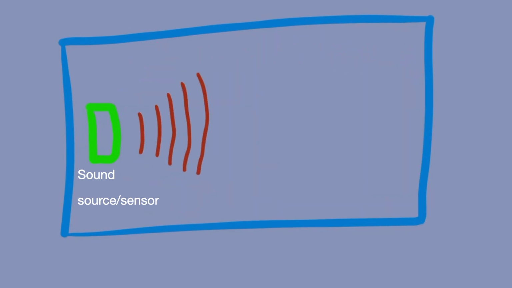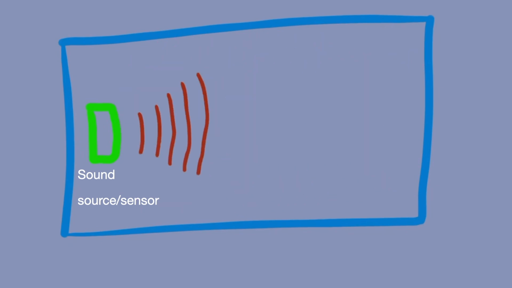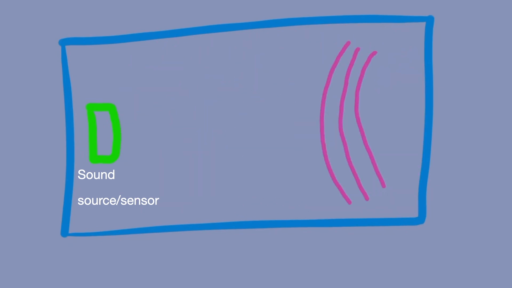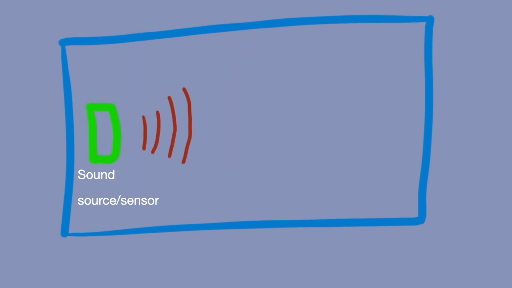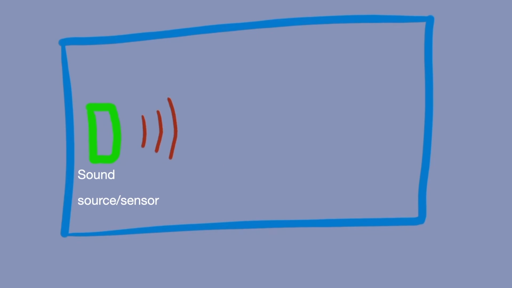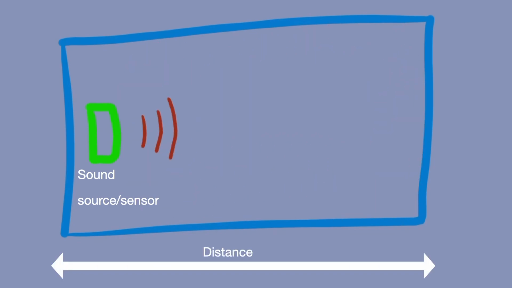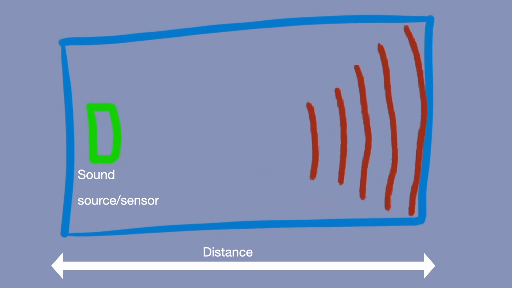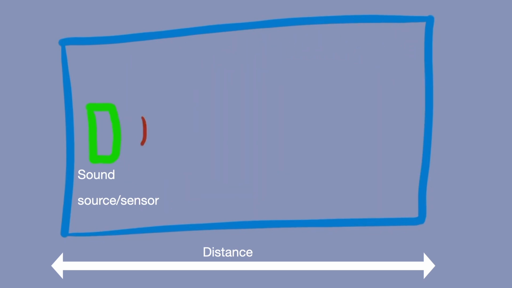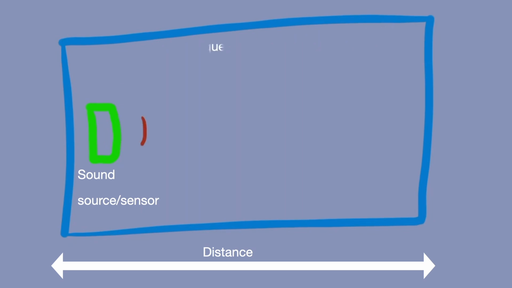Let's say it's your voice and your ears, and then you emit a sound, and this sound goes away, and then you hear that sound coming back. This is called echo. And in the air, usually you need a distance of about 50 meters for that echo to be completely discerned from the sound that you emitted. So if you decrease the distance, you probably will not be able to discern the echo.